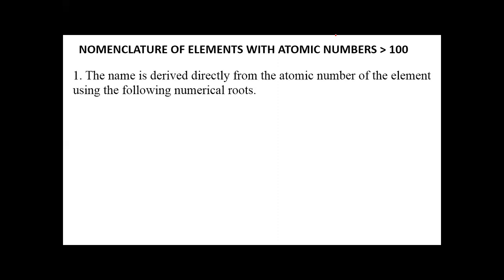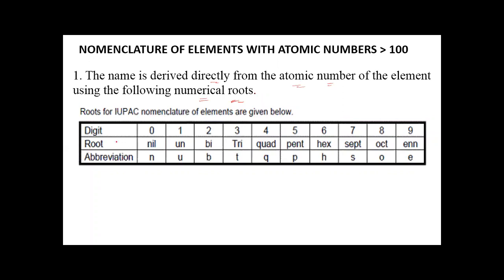Now we will discuss nomenclature of elements with atomic number greater than 100. First, the name is derived directly from the atomic number of the element using the following numeral roots. These are the digits 0, 1, 2, 3, 4, 5, 6, 7, 8 and 9.